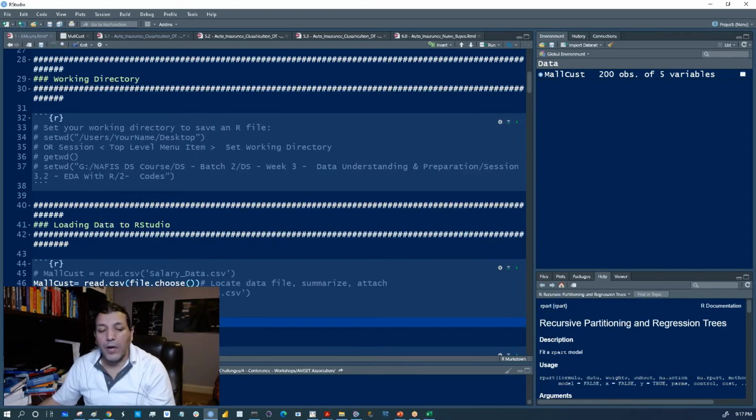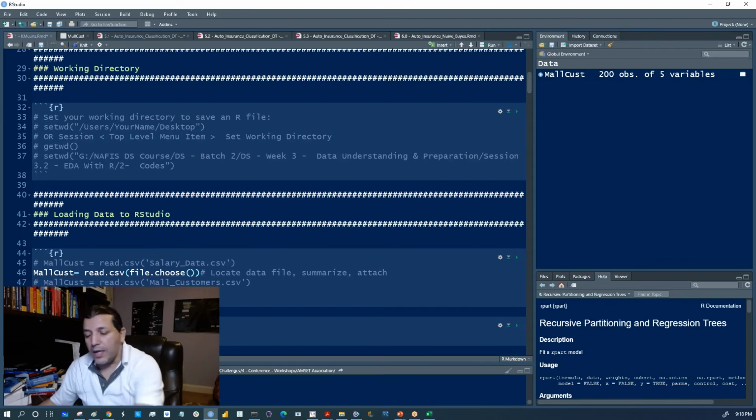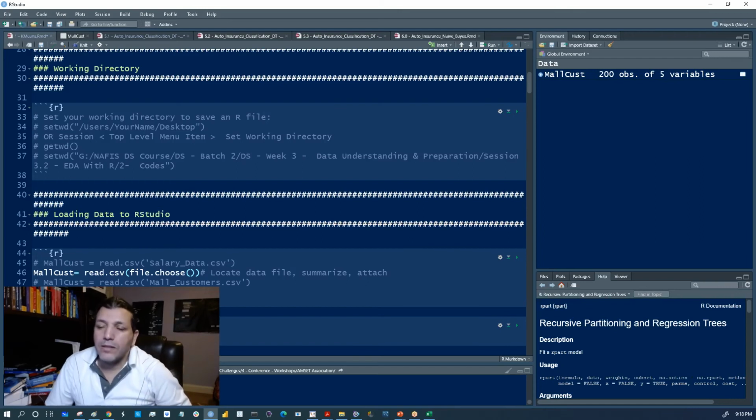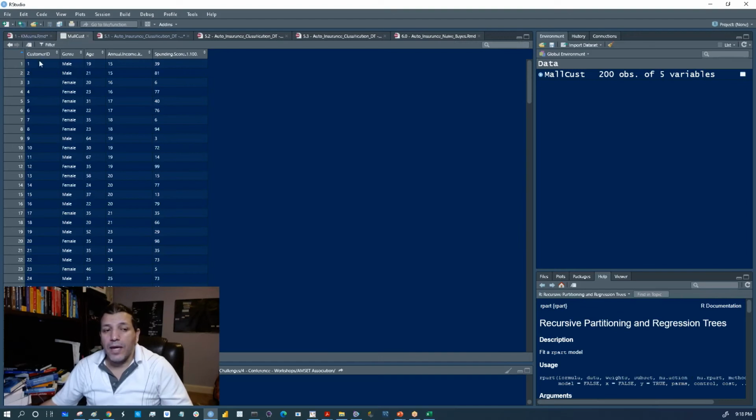So when the data was read into R, to find an element of your data, we need to identify its index. For example, customer ID, R does not know it.